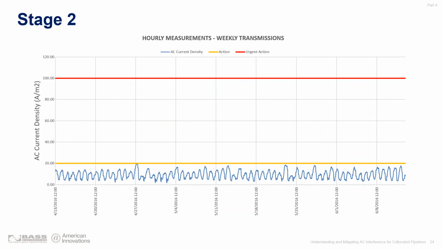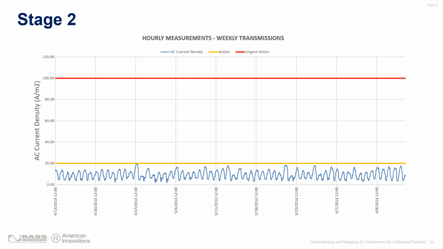Now, what we've seen here is in the previous one, a lot of the time it was in that action zone, and some of the times it reached that urgent action. So that meant that we need to install an AC mitigation system here to reduce that AC threat.